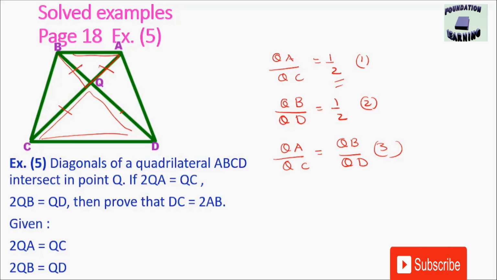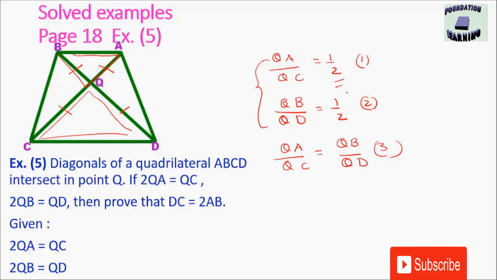That means the corresponding sides are in proportion. For similar triangles, we have said that the corresponding sides should be in the same ratio. Both these ratios are the same because the value is half.